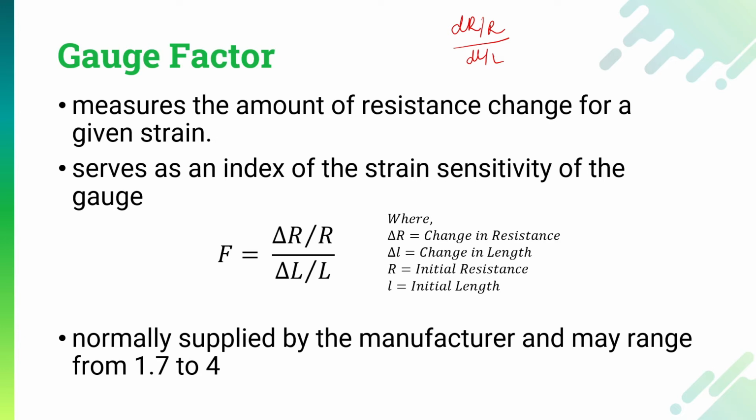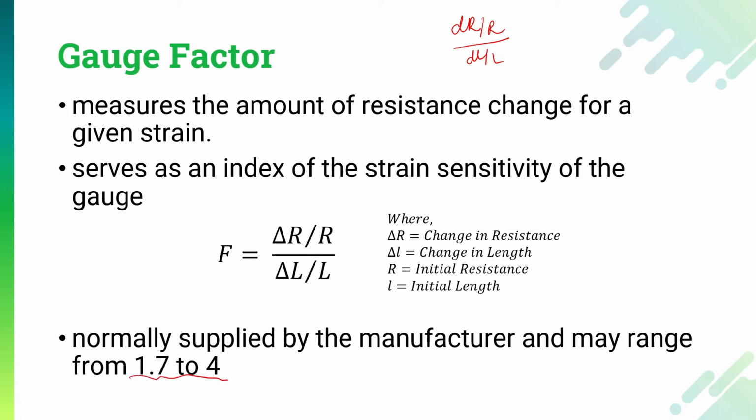Now the question arises, when will you get that gauge factor? When buying a gauge, the manufacturer provides the value of the gauge factor directly, so there is no need to find out the gauge factor for each and every resistance gauge. The range of the gauge factor varies from 1.7 to 4.